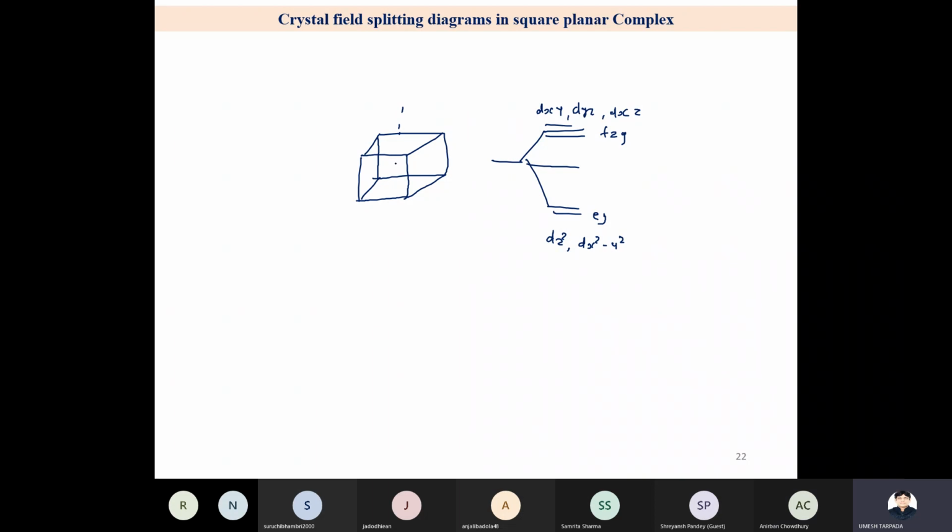Cubic crystal field splitting is similar to tetragonal type, opposite to octahedral type. But I think this is not there in your syllabus and that's why I have not taken. Otherwise, for various geometry like anti-prismatic or this geometry, you can have a different splitting.